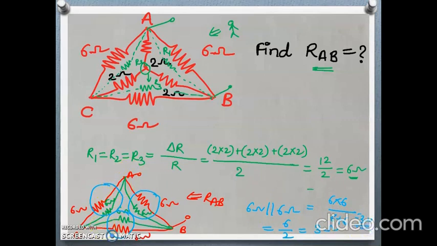So let's redraw the circuit again. Now these are the A, B and C points. This is A point, this is B and this is C point.